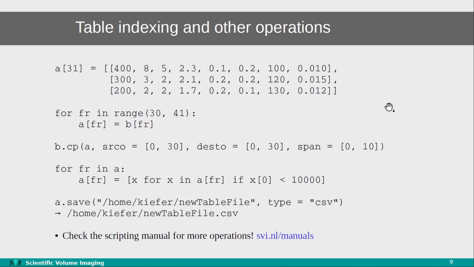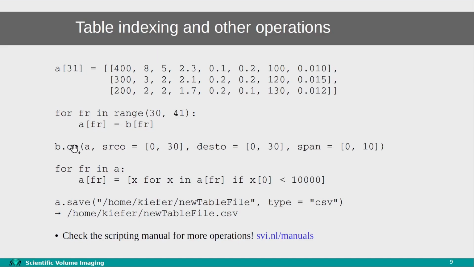There are many table operations just as there are many image operations, and they work in the same way as for images. You simply type your table variable, then dot, and then whatever operation you want to use. For example, this would be a copy part command, which allows you to copy a part of a table to another table.